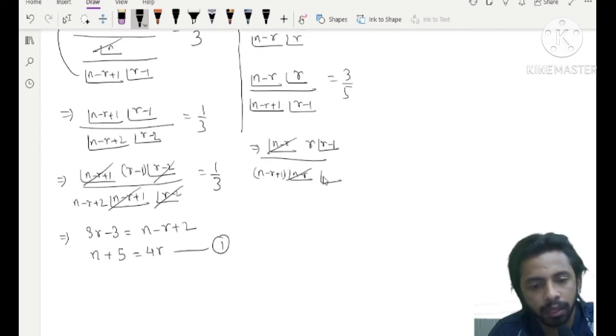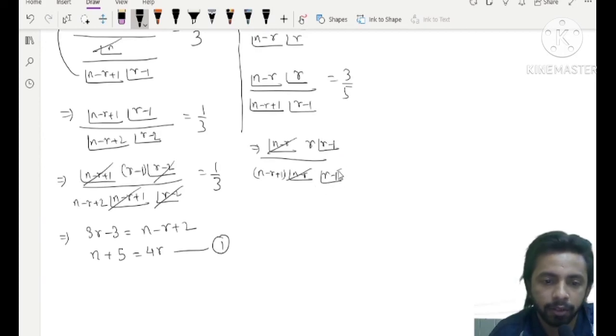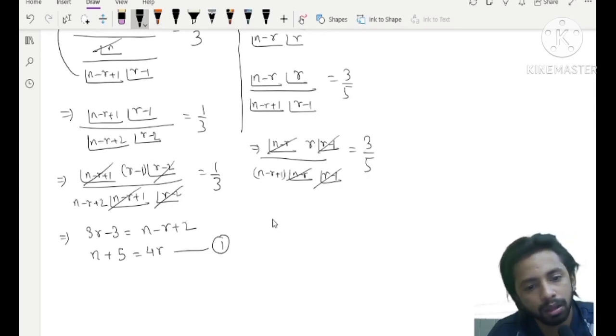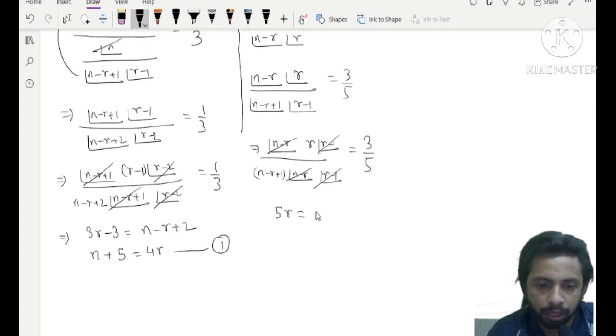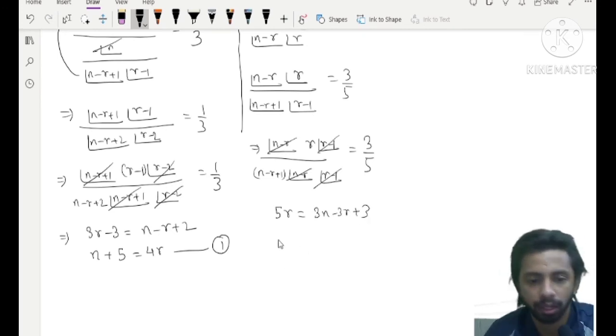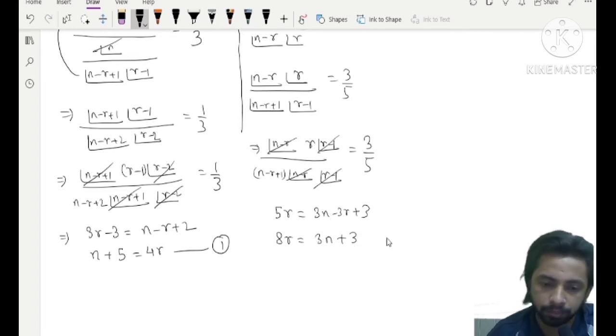In the denominator we have r minus 1 factorial, they also get cancelled. So 5r equals 3n minus 3r plus 3. So 8r equals 3n plus 3. This is the second equation.